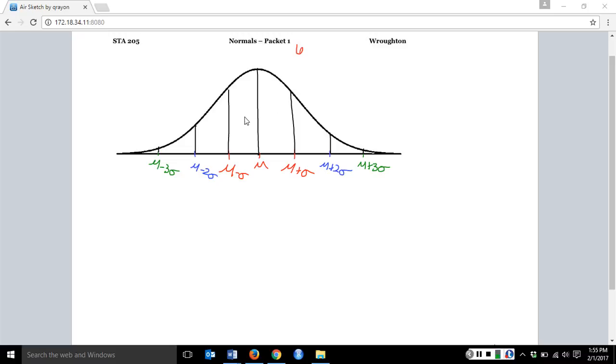So if I take my 68% and divide that by 2, I'm going to get 34%, and that's how much is going to be in each of these pieces. And then I can also see if I add those two, I still have 68% between these two numbers, just like with my previous picture.